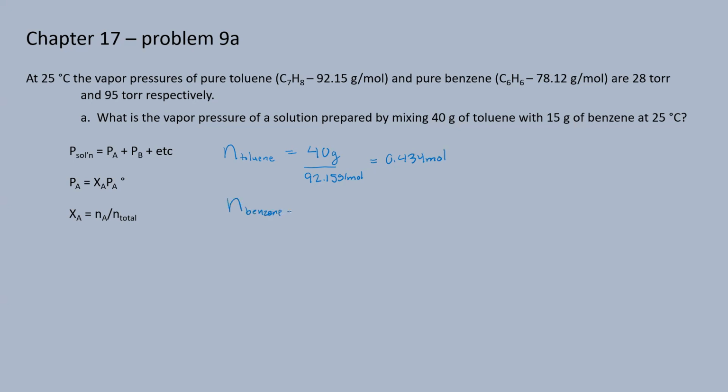For benzene, we have 15 grams, molar mass 78.12. So that gives us 0.192 moles. The total moles ends up being 0.626.